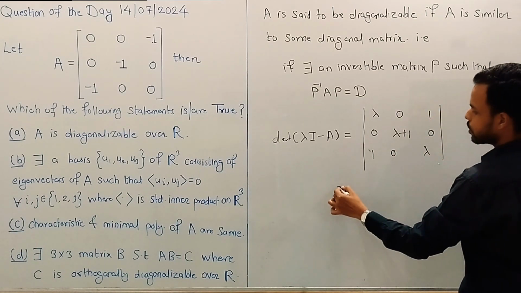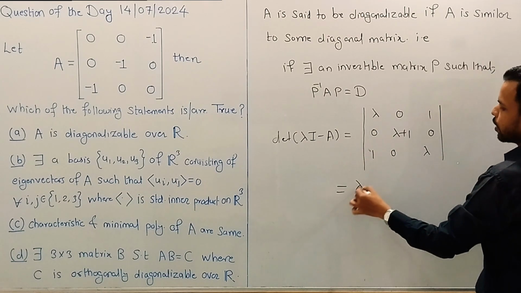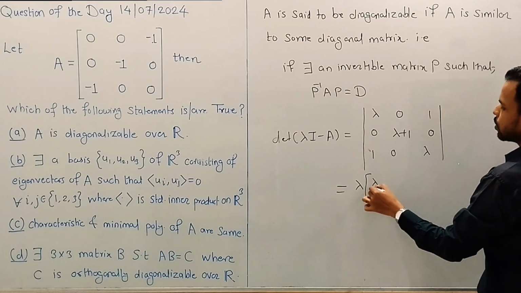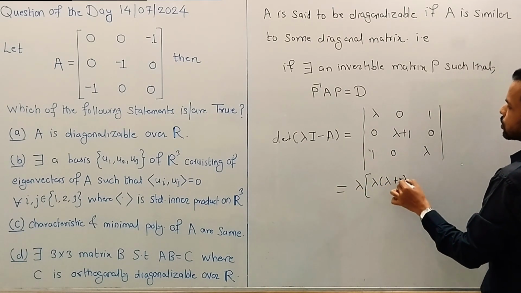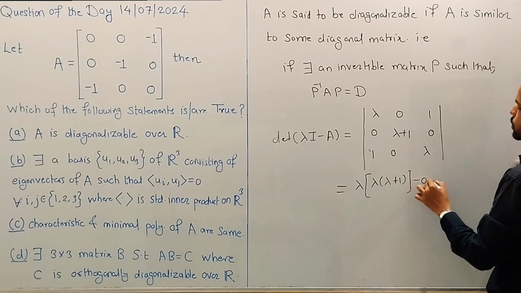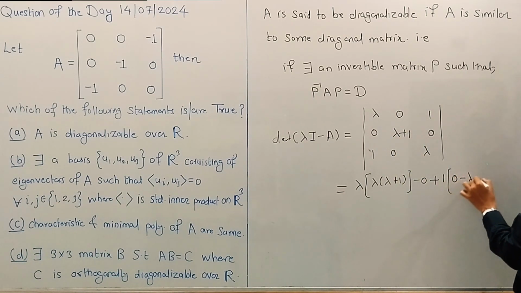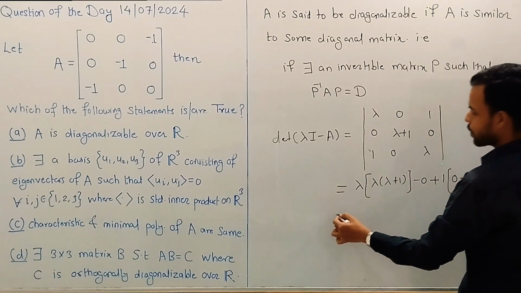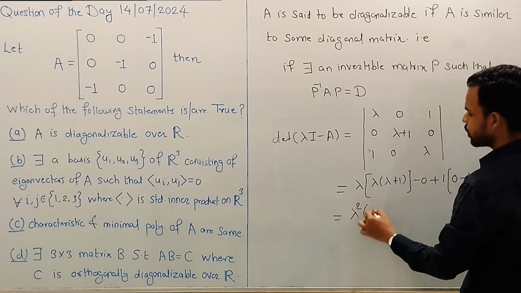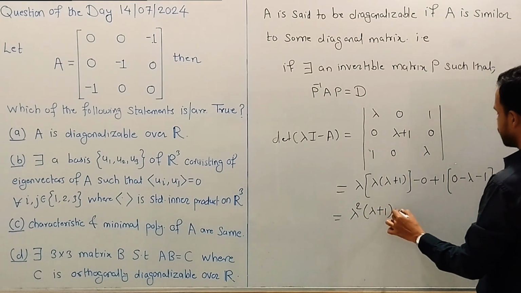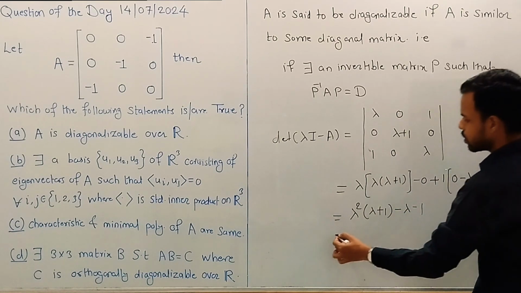So let's evaluate this determinant. Lambda times (lambda plus 1) times lambda, minus 0, plus 1 times (0 minus (lambda plus 1) ). Okay, so this is nothing but lambda square times (lambda plus 1) minus (lambda plus 1).